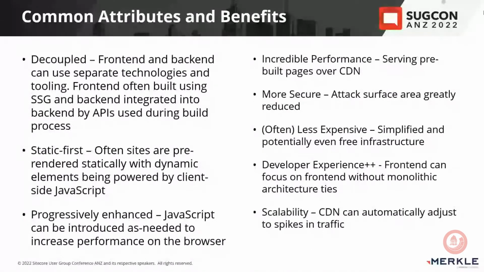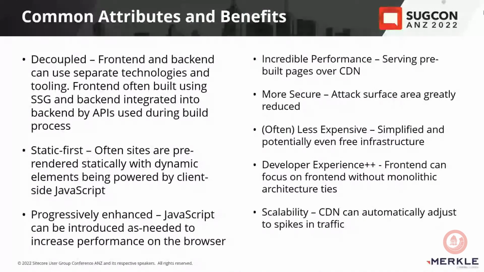Now, I realize not all of us here, or potentially any of us here, work at Amazon or Microsoft, but for our customers and for us, the cost of 1 second can be huge, and we need to make our sites and experiences as fast as possible. Some other benefits: more secure. Your attack surface area is greatly reduced. If you're serving static HTML content over some sort of CDN, it's a lot harder for attackers to exploit your site.